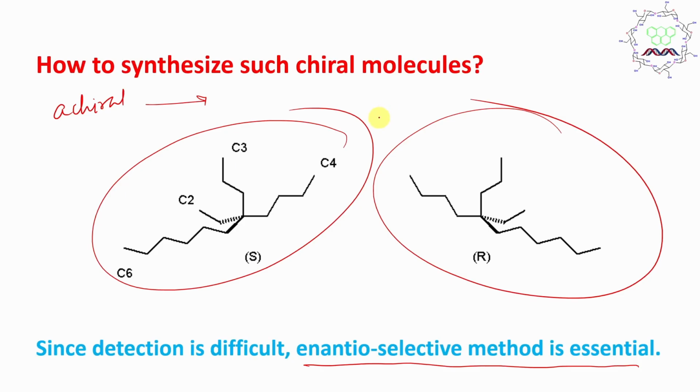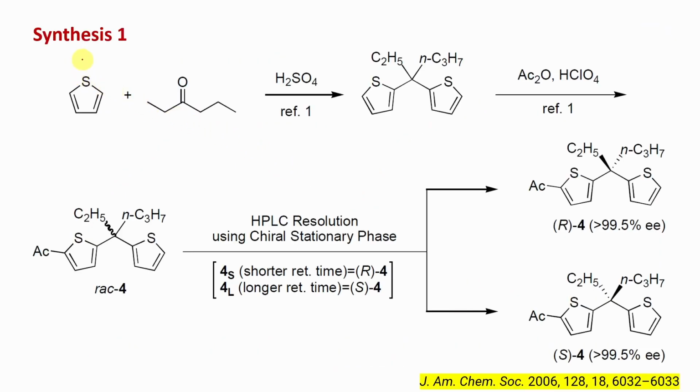So using that tool you cannot say whether you got chiral or racemic. For that purpose an enantioselective method is needed, which will confirm whatever reaction we want to do. So this synthesis method is utilized.